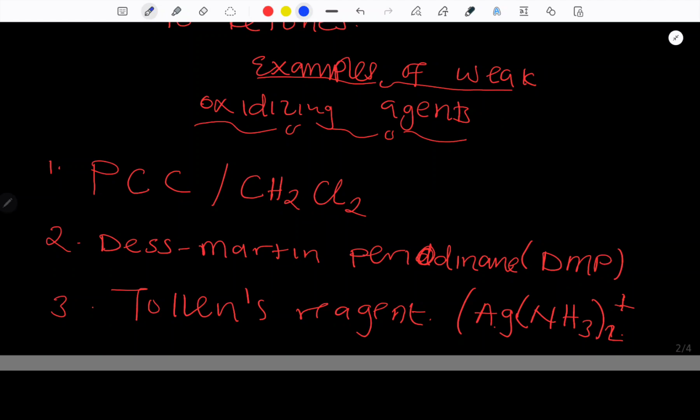But in this case, we are going to be using PCC and the DMP. These are the ones that we are going to be familiar with. All right.